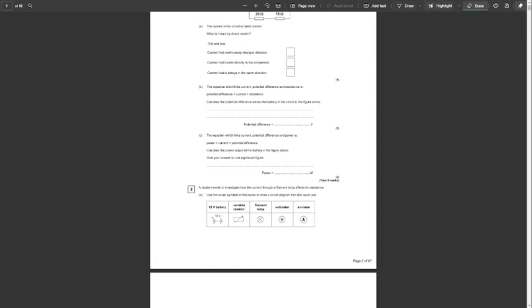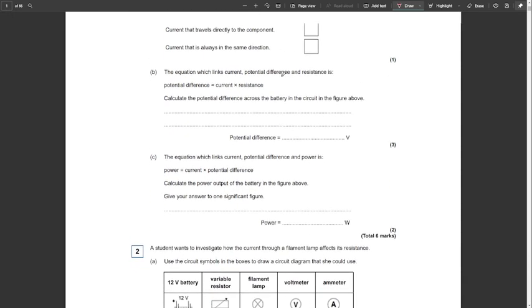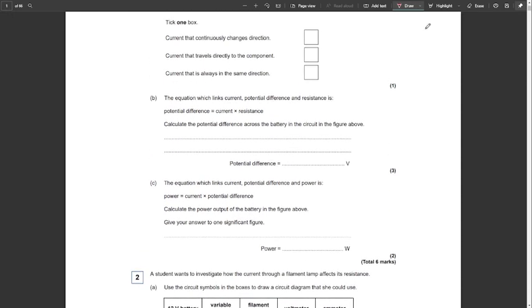Now, this next question is one that you haven't come across before. The equation which links current, potential difference and resistance is this equation just here. They've given you an equation. Calculate the potential difference. It asks you to calculate the potential difference across the battery, and it's 3 marks.